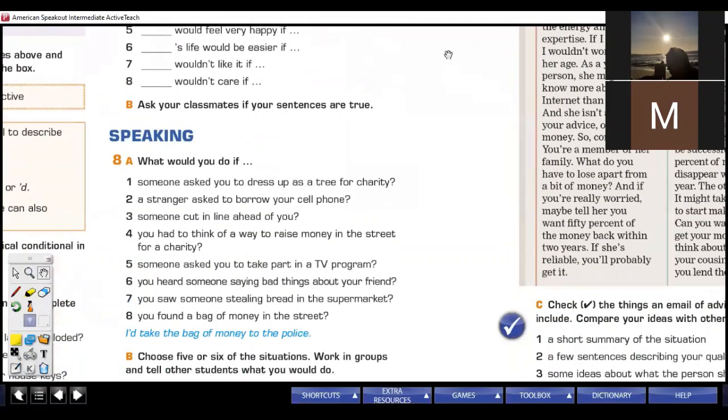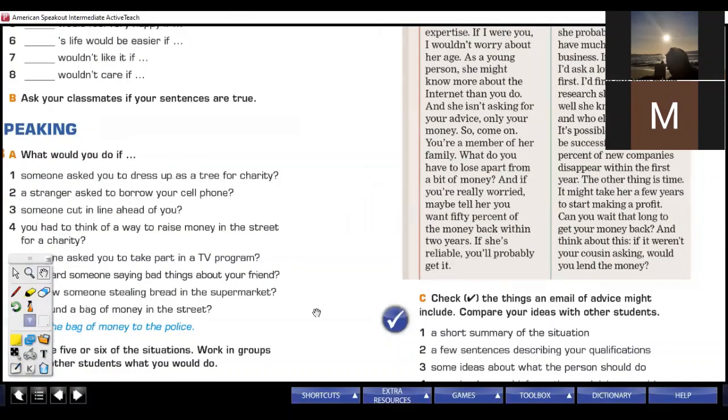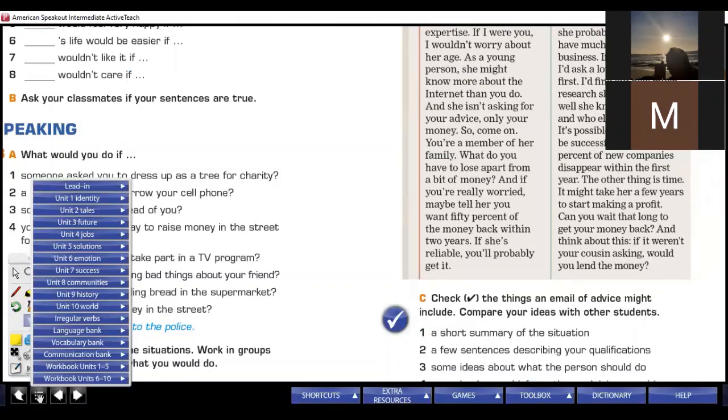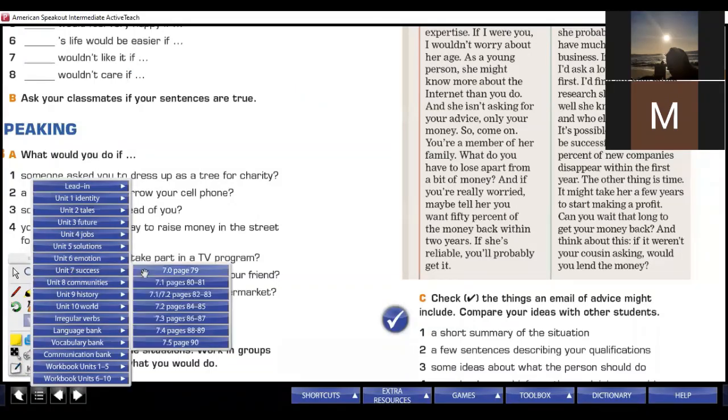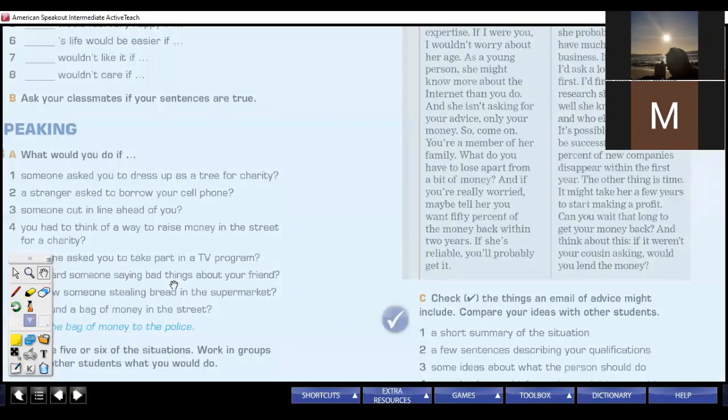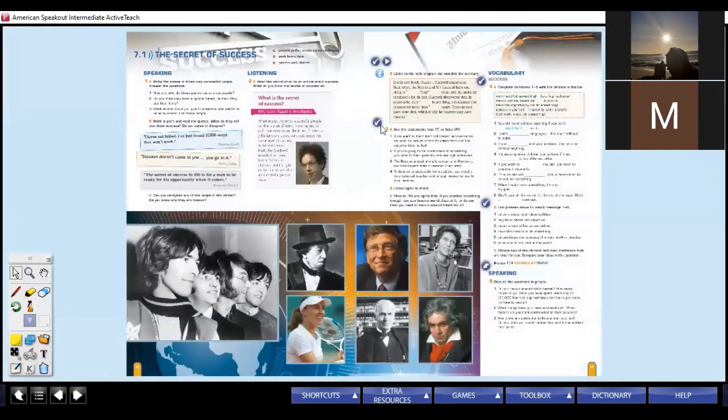Okay, so this was the first practice we have here. And now let's get to unit number 7. As I said before, in unit number 7 we are going to cover two grammar topics: the differences between past perfect simple and past perfect continuous, and the words that express ability.